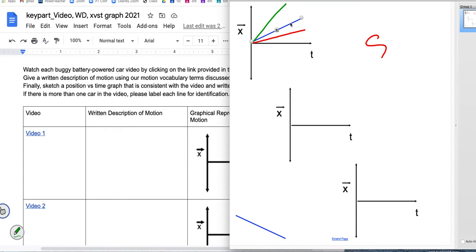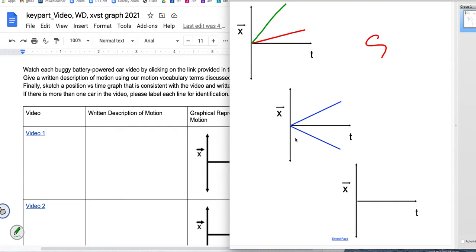So let's consider that first line. The original lab that we had: starting position 0, moved in a positive direction at a constant speed. Well, could it be going the same speed but not have the same velocity? And the answer is yes. What if we started at the same position and moved in the opposite direction at the same speed?